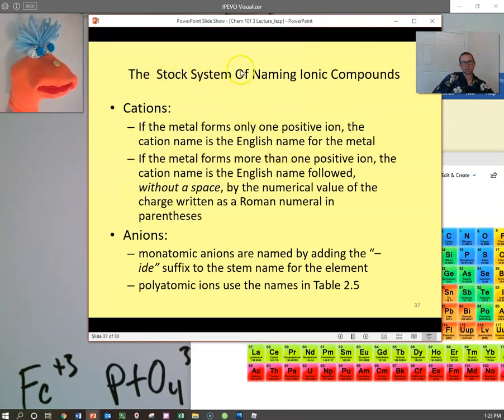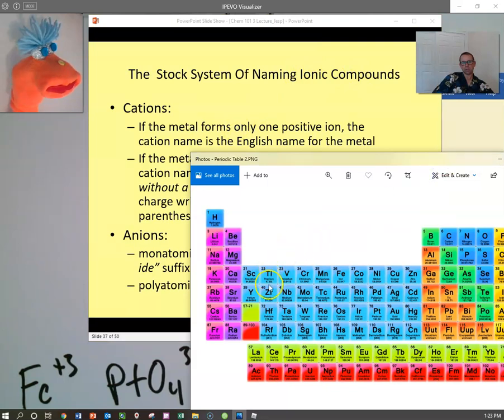This stock system of naming ionic compounds is used when we're using a transition metal. So like we saw, if you ever have a transition metal and you need to help the person know what the charge is on the transition metal ion, then you can use the Roman numeral to tell people.